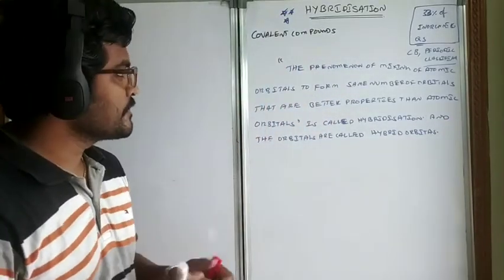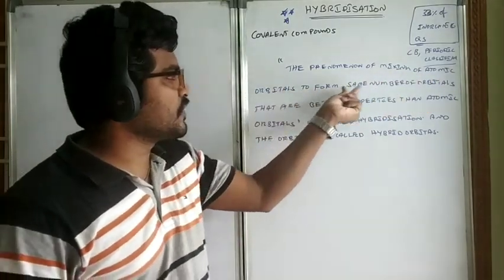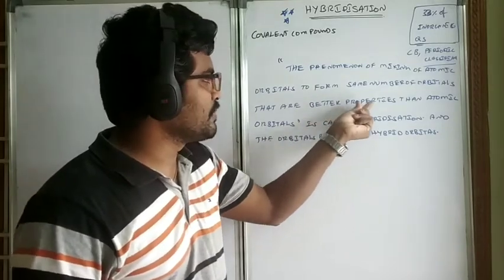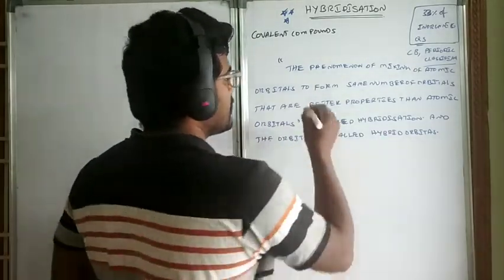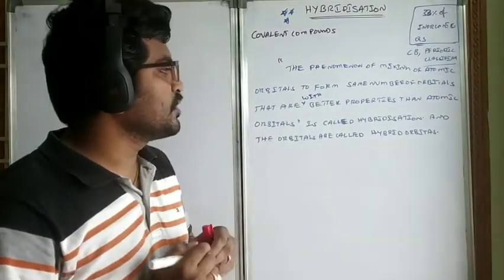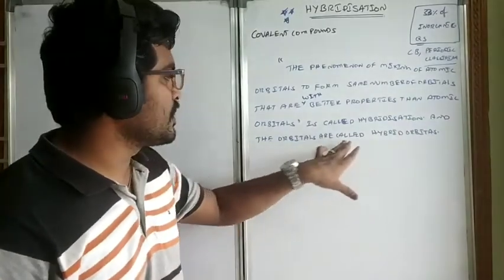So see, the phenomenon of mixing of atomic orbitals to form the same number of orbitals with better properties than atomic orbitals is called hybridization, and the orbitals are called the hybrid orbitals.